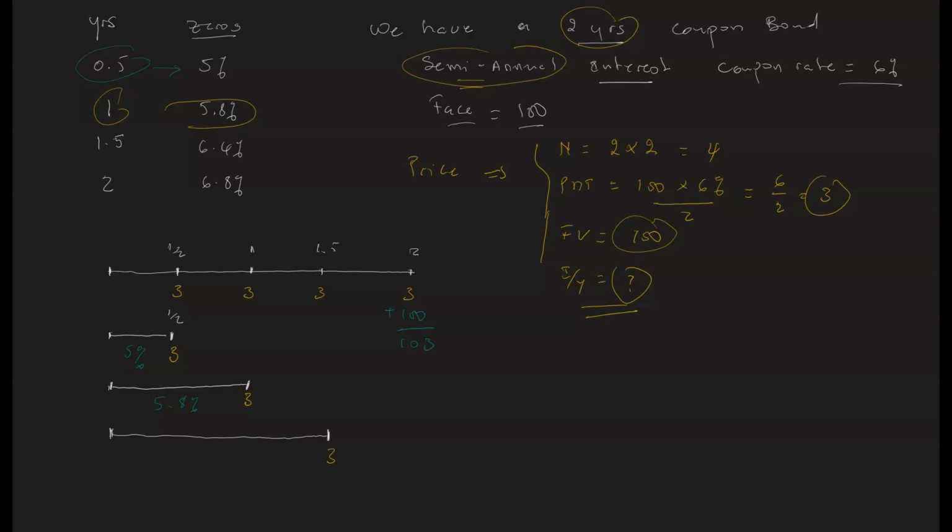And the discount rate that we're going to use there is going to be 6.4%. Now, t here, or the expiration, is going to be 1.5 here. And our last one is going to be the same. So the last one is going to start here and it's going to expire here. And so we're going to have 2 years. Our cash flow is going to be equal to 103. That's the 103 that we have here. And our discount rate is going to be 6.8%.